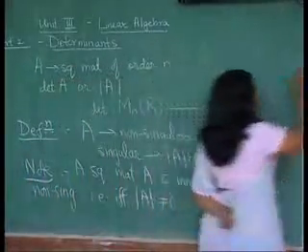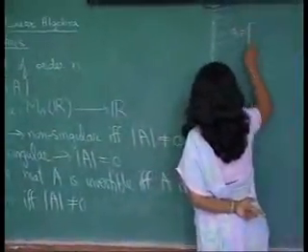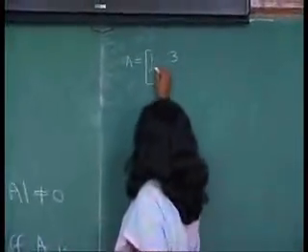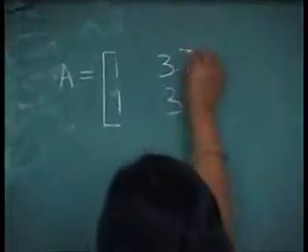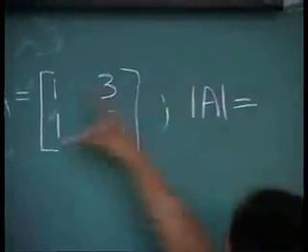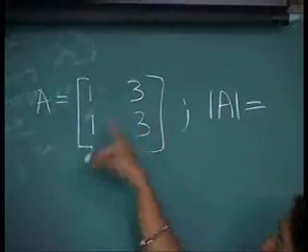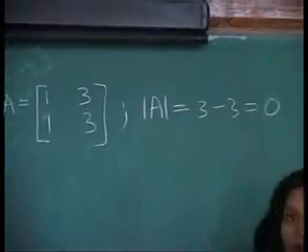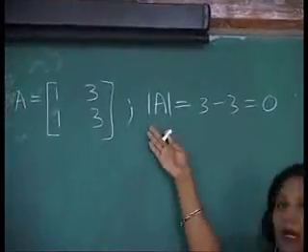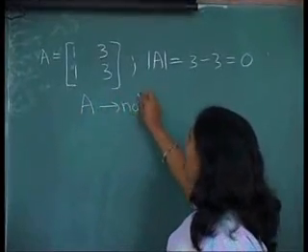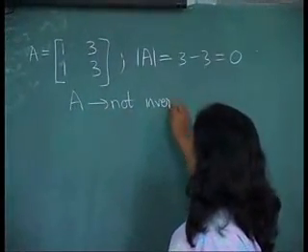So if I take the matrix A to be 1, 3, 1, 3, then the determinant of this matrix is the product of the diagonals minus the product of the non-diagonal elements. This is 0. So this happens to be a singular matrix, and that's why this matrix is not invertible.